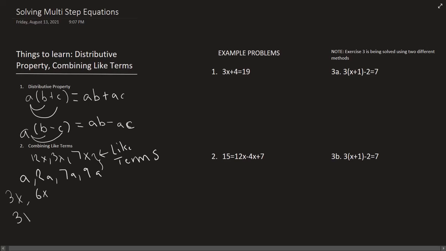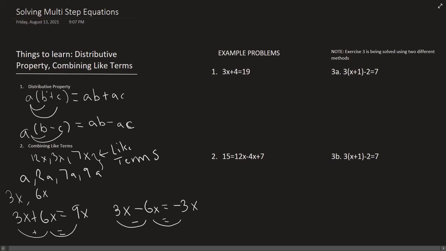So 3x plus 6x is equal to 9x, since 3 plus 6 is equal to 9. And also 3x minus 6x would be equal to negative 3x, since 3 minus 6 is equal to negative 3. So this is combining like terms and the distributive property.